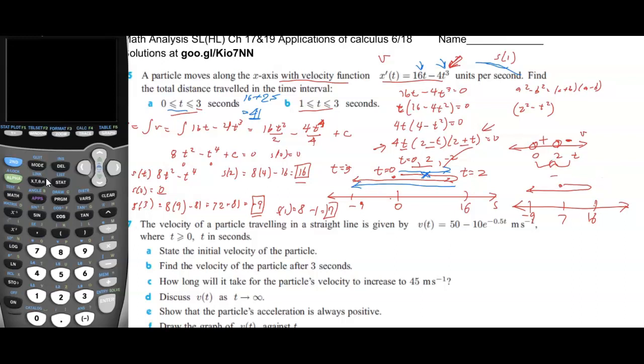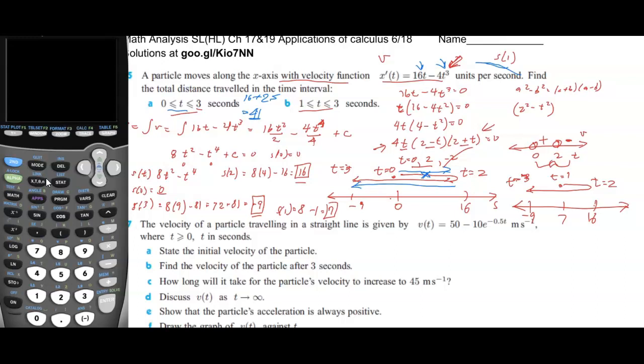So t equals 1, it's 7. T equals 2, it's 16. And t equals 3, it's negative 9.